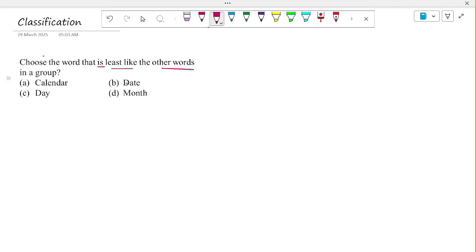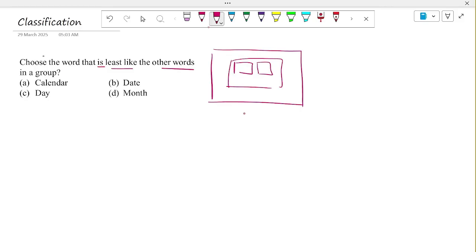Now, if you look at this, it is a calendar. A calendar will have a day, a date and a month. If you see, all these three things are in the calendar, so you can consider that calendar is a different word compared to the others.